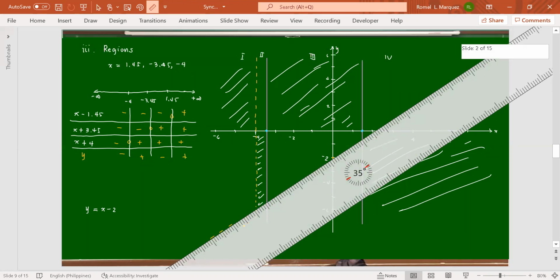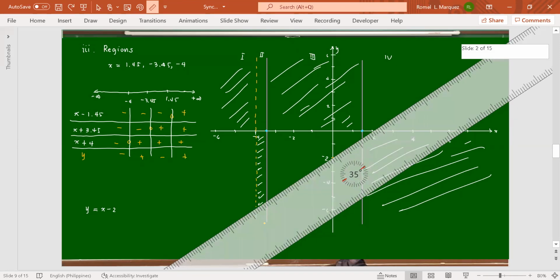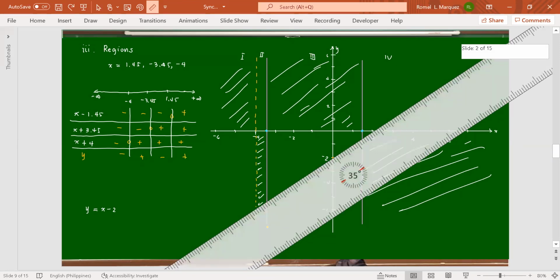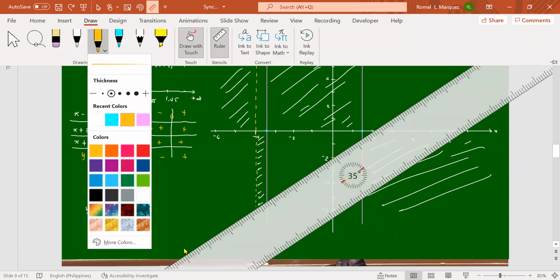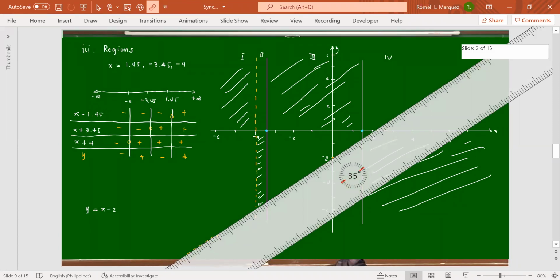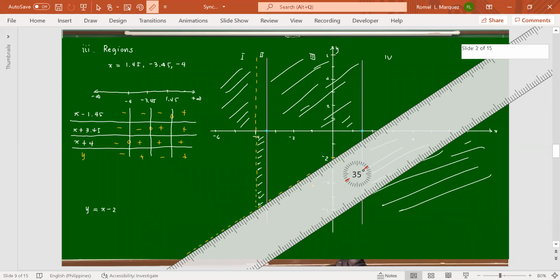Ay, ano ba yan? Control Z ulit. Nagalaw. Pag marami nang i-drawing, gumagalaw siya.